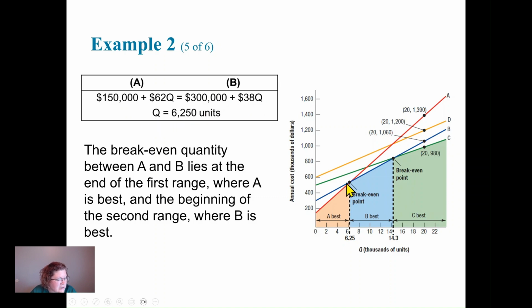So that is the break-even volume from when the decision changes from option A to option B.